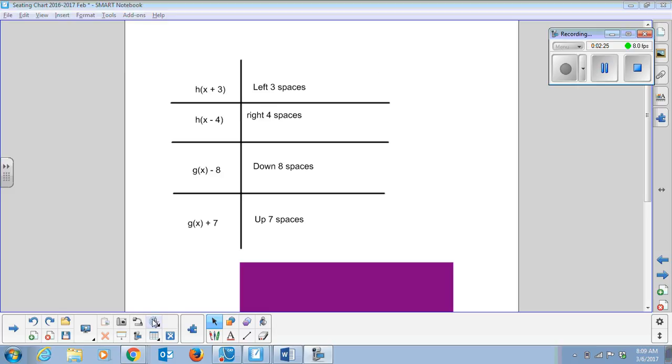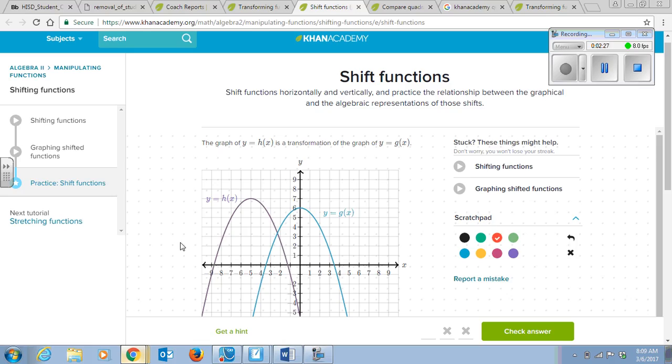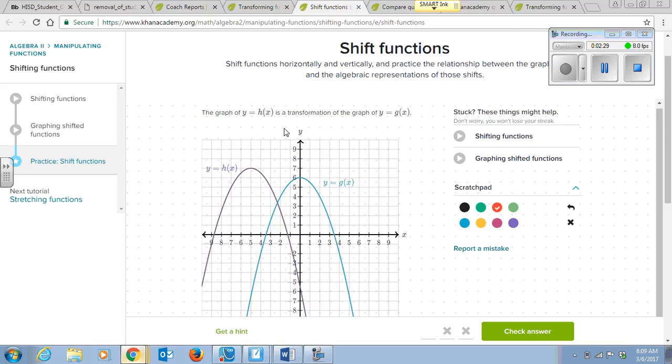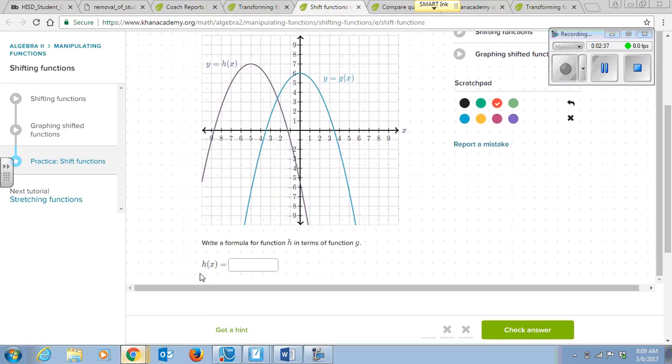Moving back to the actual lesson, we're trying to figure out how the graph of h of x became g of x. And if we're looking at how the answer wants us to write it, it's wanting us to figure out what h is in terms of g. So if we're figuring something out starting with g, that means this is going to be our beginning graph.